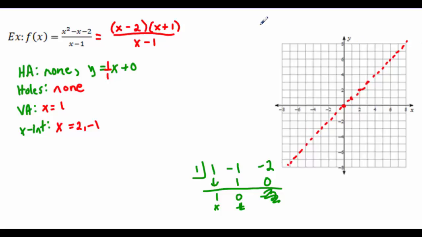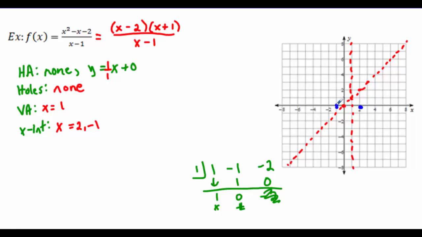But this is our slanted line that we need for our slant asymptote. Our vertical asymptote is at 1. And then we have an x-intercept at 2 and an x-intercept at -1.